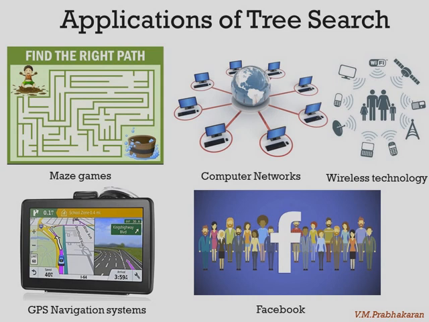Now look at the fourth one, the GPS navigation system. One of the most important applications which we use in our day-to-day life is the navigation system, such as Google Maps, which can give directions to reach from one place to another.